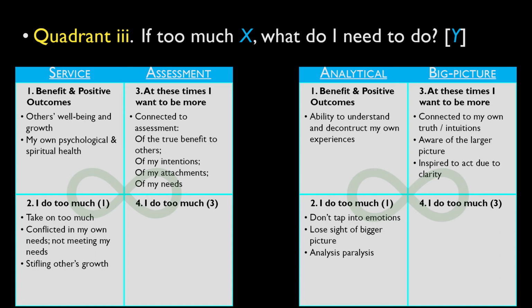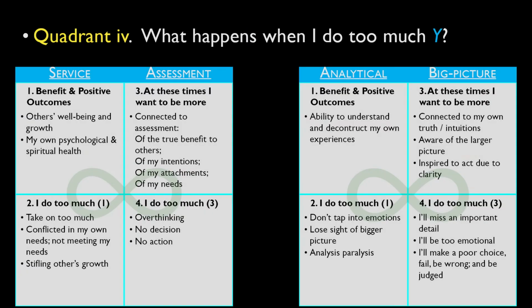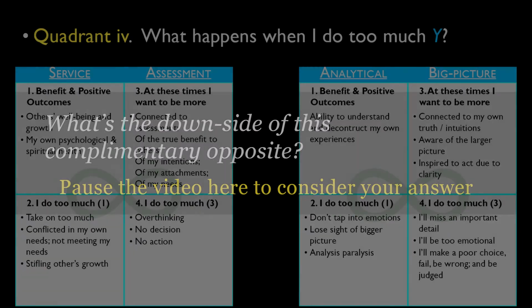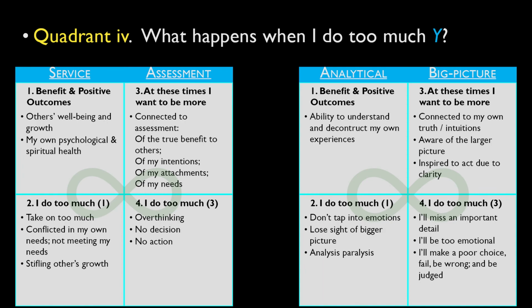And of course, that can also get out of balance. So we ask the question, what happens when I do too much Y? What happens when I do too much assessment? Then I get into overthinking. There's no decision making and no action. Analysis paralysis. When that happens, what do I need to do?